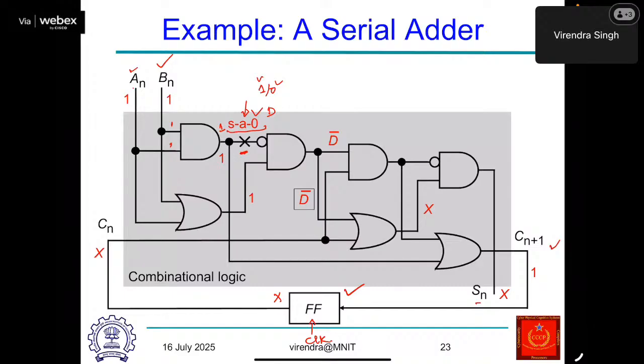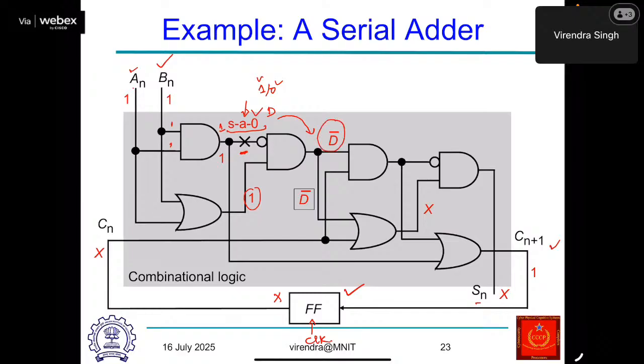Now this is not the primary output. Primary output is Sn, and therefore I have to move this D to the primary output, and it has to go to the output of this particular gate. In order to move it to the output of this gate, I need the non-controlling value at the other input, and that value is 1. Obviously, if I apply an and bn equal to 1, then this value would be 1, and therefore this D will propagate as D bar over here.